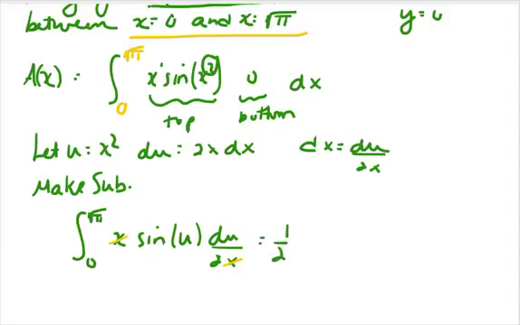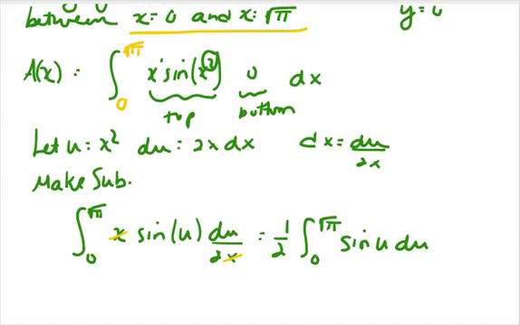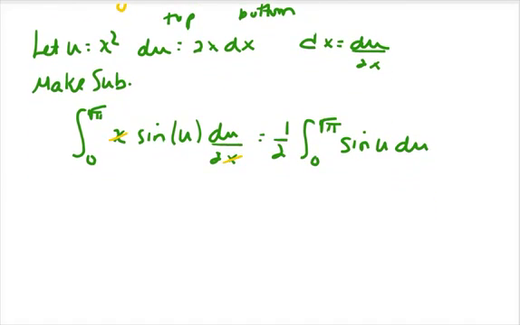I'm going to pull out the constant. And this becomes just the integral of sine of u du. Hopefully you remember that the antiderivative of sine of u du is just minus cosine u. But remember, we have to put in another step here to change the limits of integration.